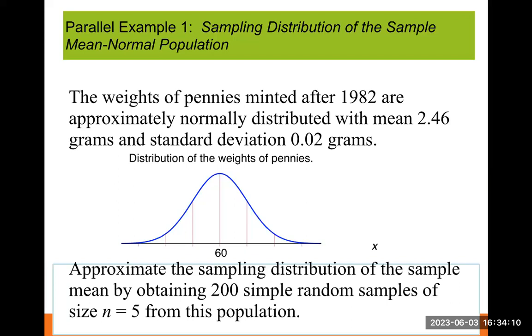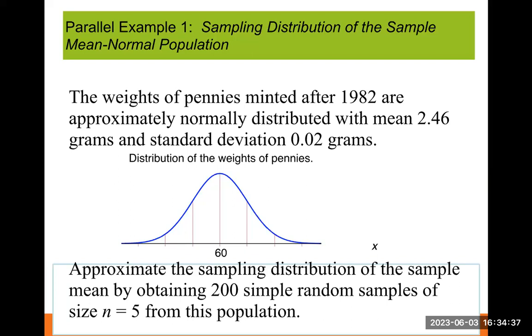When we first get introduced to the normal distribution, this is often what we're finding. We find the probability of one particular penny having a certain weight, using the area under the curve of the original population. So that's our original distribution or population distribution.